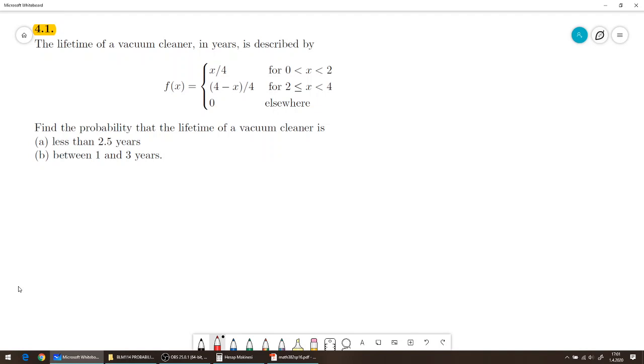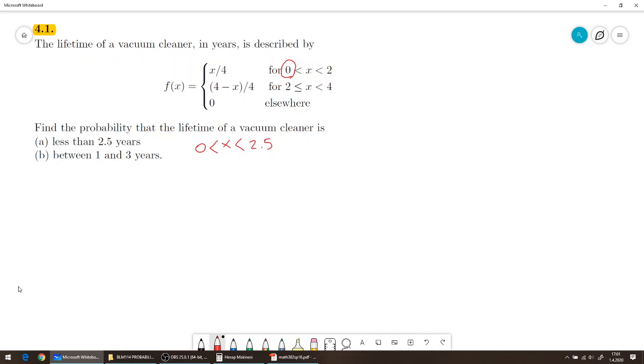Less than 2.5 years means, as you see, it starts from 0. From 0, x is between 0 and 2.5.